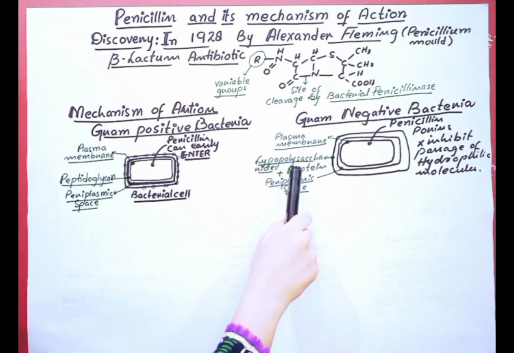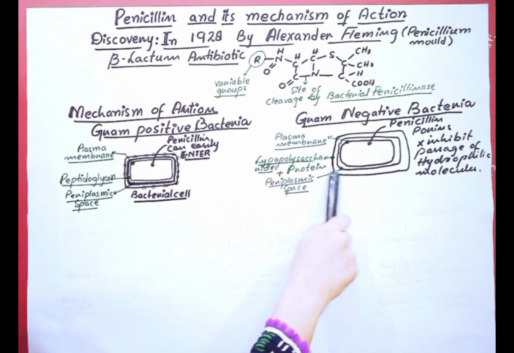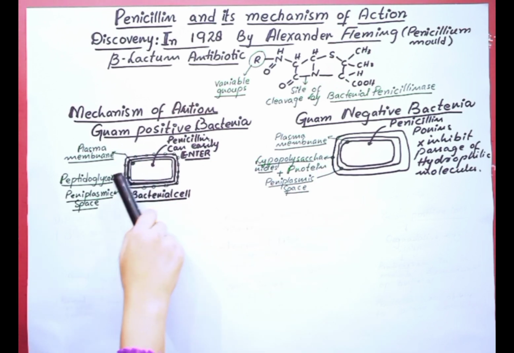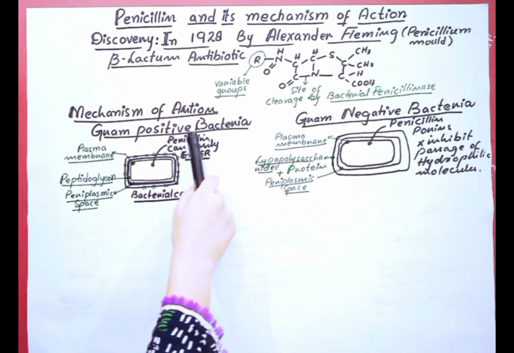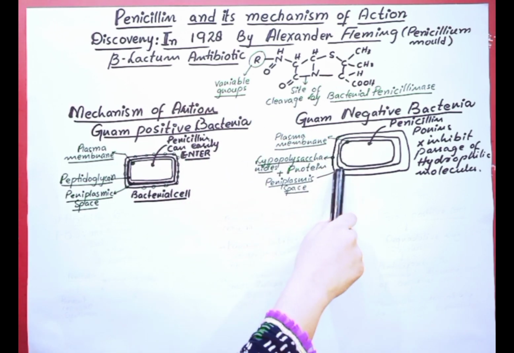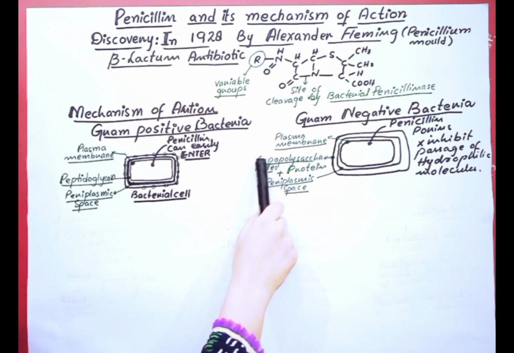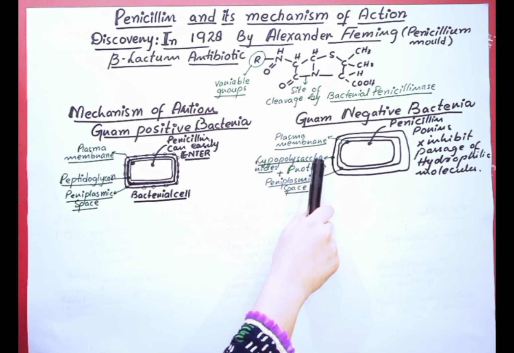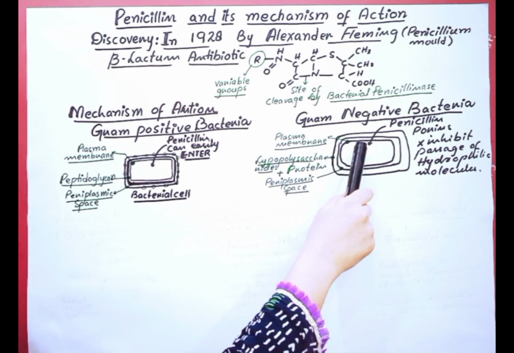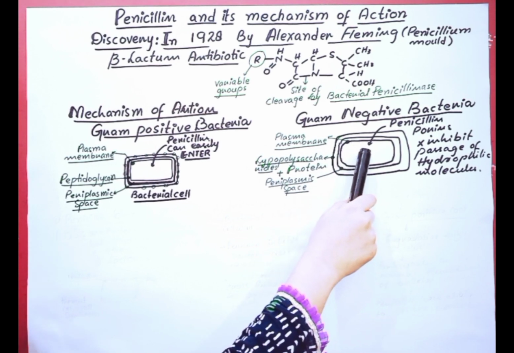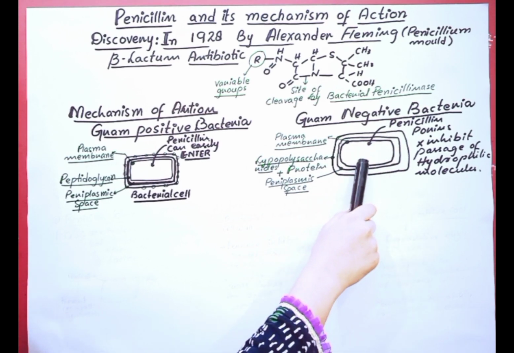The difference is just the outer wall. In gram-positive bacteria, there is no outer membrane which creates any hindrance. But in gram-negative bacteria, the outer membrane is made up of lipopolysaccharides, lipids and a protein layer, which hinders penicillin or any water-soluble substance from entering the bacteria.